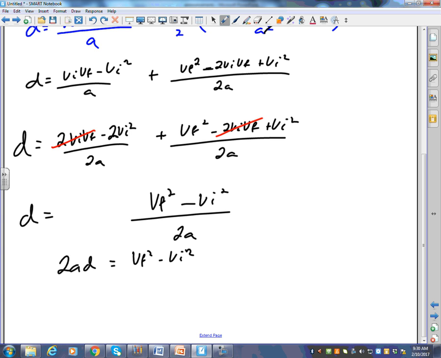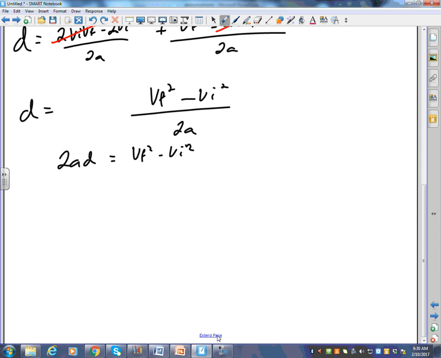And then they like to have the VF all by itself, and I don't know why. So the final formula, what's it going to be? Can you do this part in your head? Can you write VF squared equals? VI squared comes first. I add VI squared to both sides, and I end up with VI squared plus 2AD.